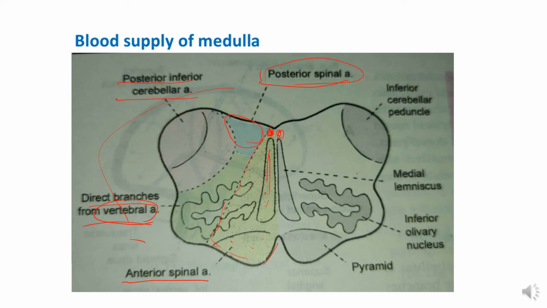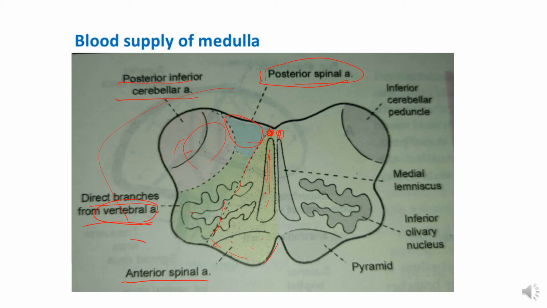The posterior inferior cerebellar artery supplies the retro-olivary region, the region behind the olivary nucleus, including the spinothalamic tracts, the rubrospinal tracts, the nucleus ambiguus, the dorsal vagus nucleus, and the descending autonomic fibers.